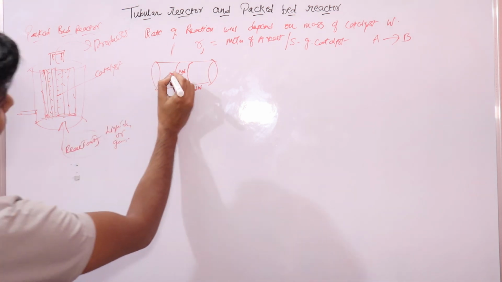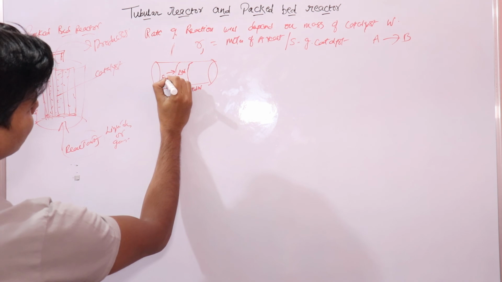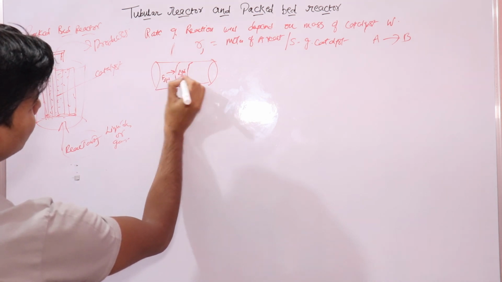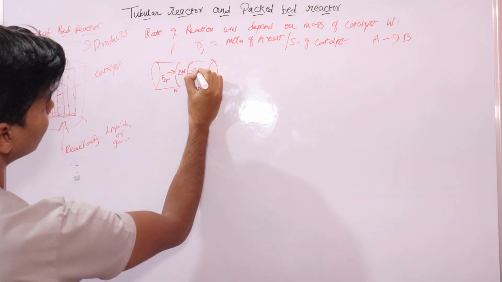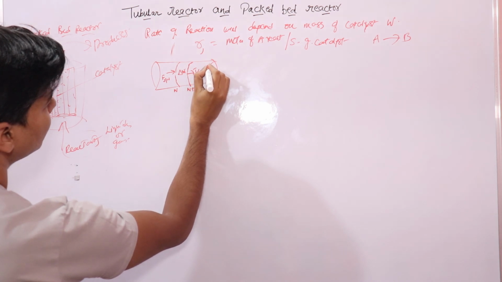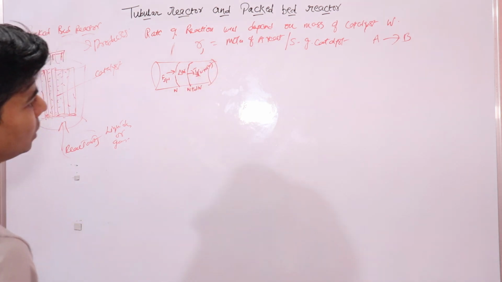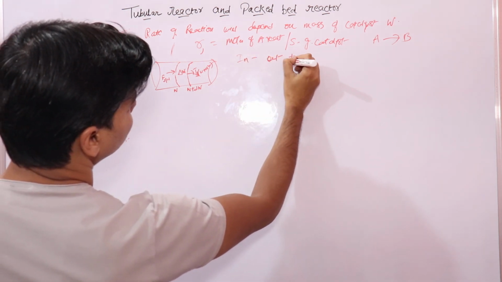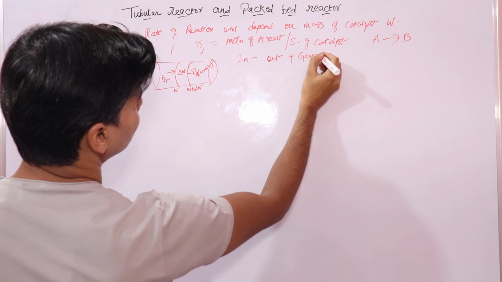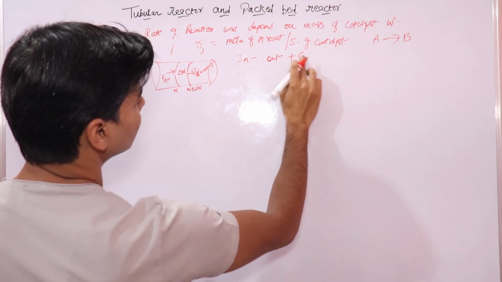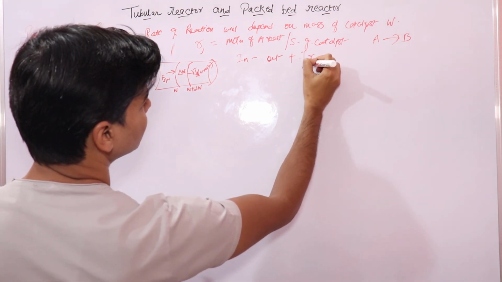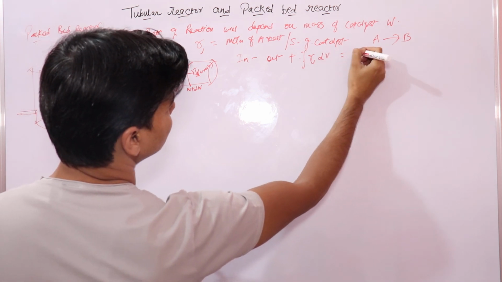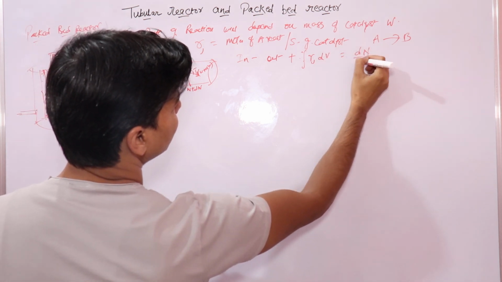So in this volume we will take it as FJ at W, out would be FJ at W plus dW. So mole balance equation would be in minus out plus generation. Let's write it like this: Rj dV is equal to rate of accumulation dN upon dt.